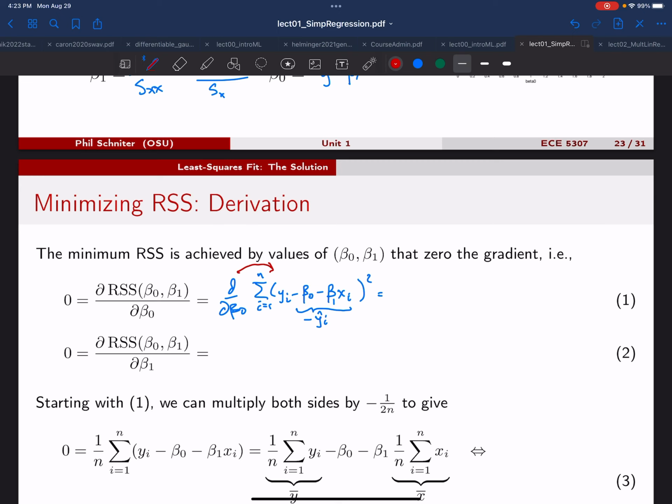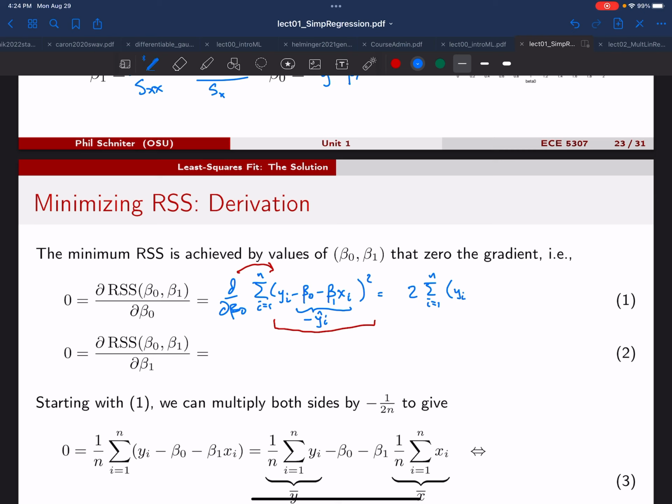Okay, the next step is we have to take the derivative of this whole quantity here. So for this, we're going to use the chain rule. We first take the derivative of that squared thing. That's going to give us a 2. Again, we're working inside the sum now. So we get 2 times the quantity.